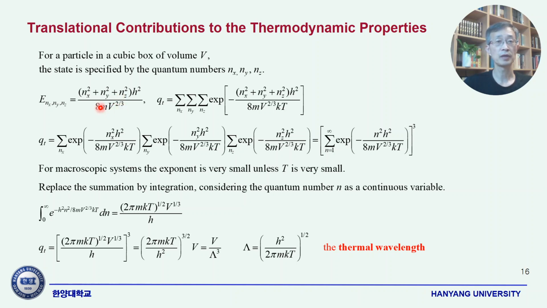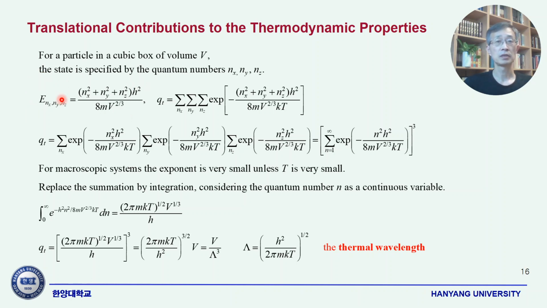So now we have 8 times m times V to the 2/3, the 1/3 squared. And the numerator is n squared times h squared, where each direction has nx, ny, and nz. So nx squared plus ny squared plus nz squared, times h squared. This is the total energy of the particle in the cubic box.